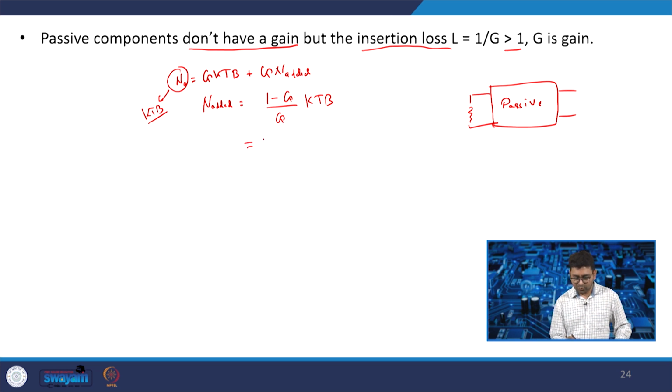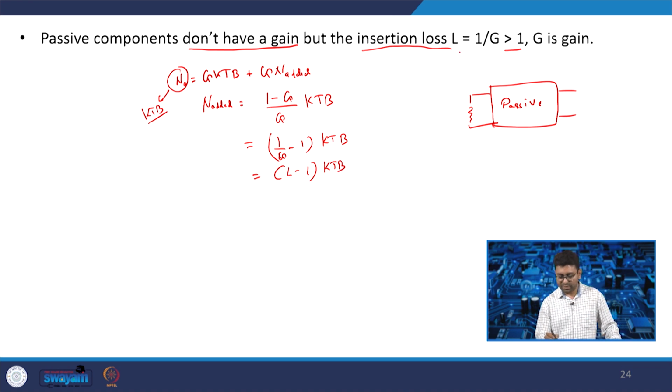So, you can also write (1 by G minus 1) into kTB. Here 1 by G is nothing but the loss of the system, the insertion loss we have considered, since it is a passive device.